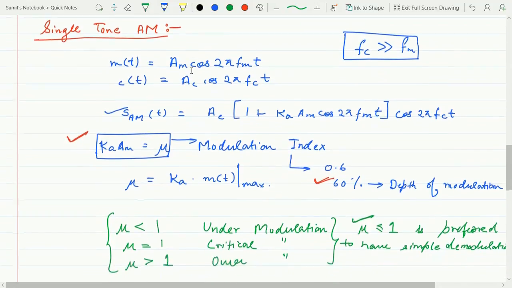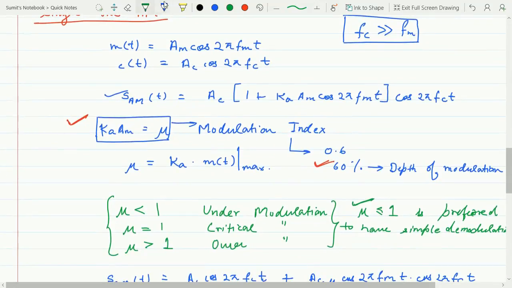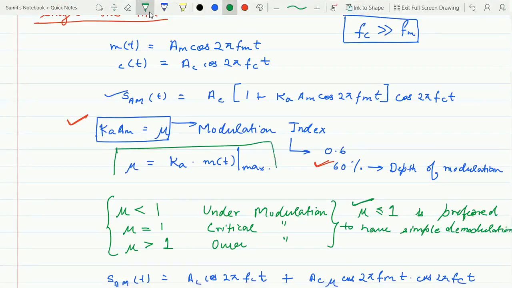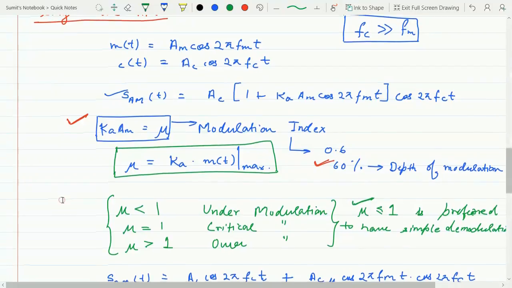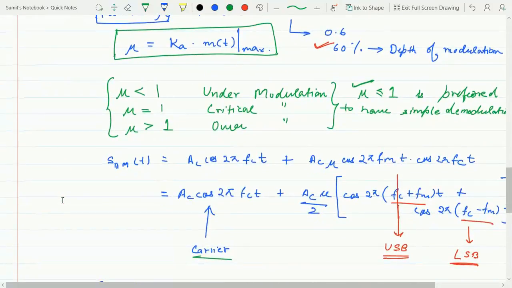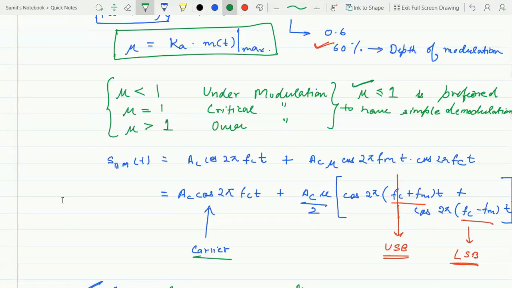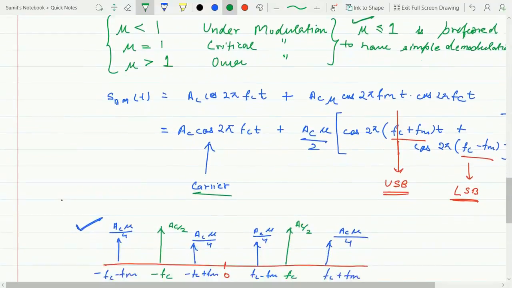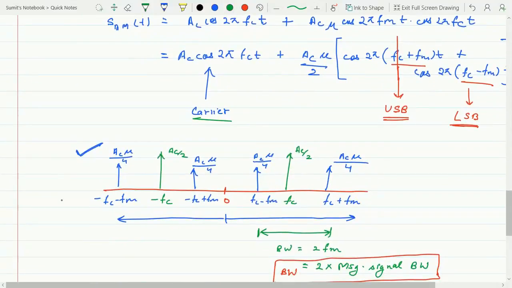We defined the term mu. Now this is again an important part. Mu, the formula for mu and what is mu, the understanding is very important. Then the three types of modulation, which we will see again later, and then we understood what the components of the AM for single tone modulation are: the carrier frequency, the upper sideband, and the lower sideband.